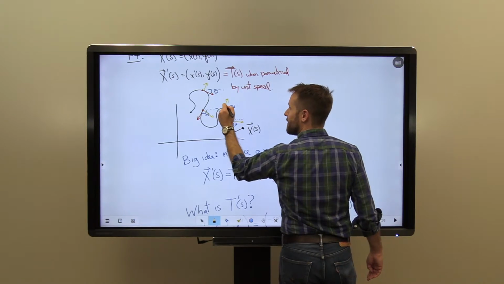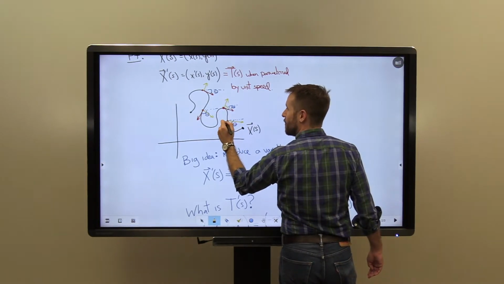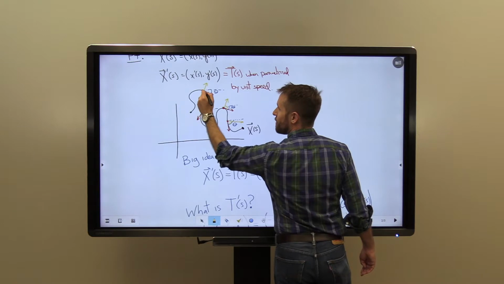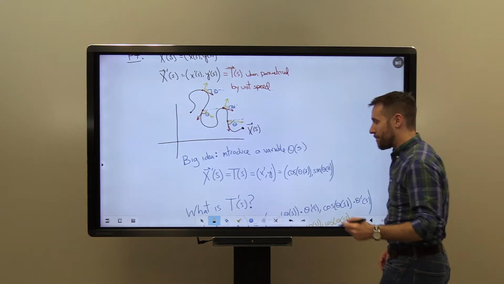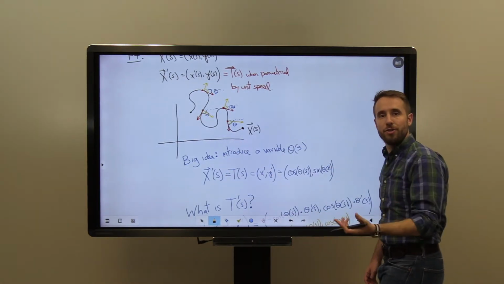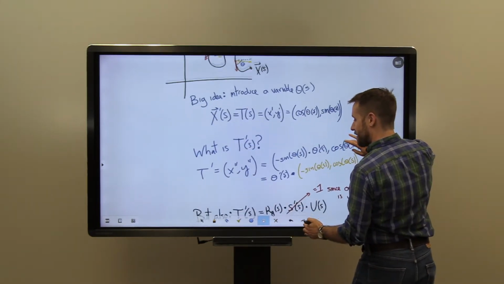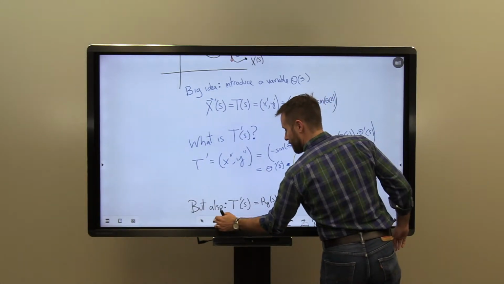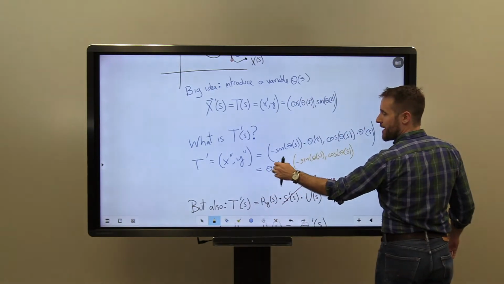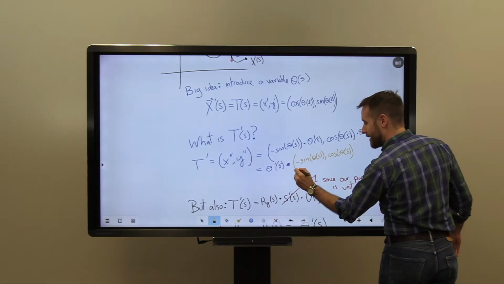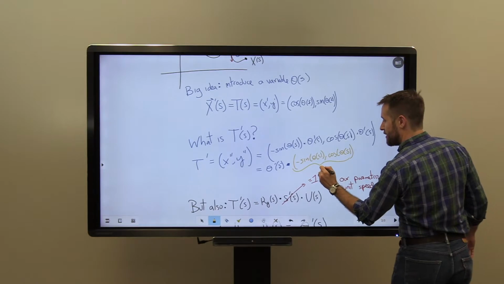So it's the vector that makes a 90-degree angle with our previous red arrow. In other words, this is our u from before, our principal normal vector. So this whole thing is equal to theta prime of s times what amounts to u.